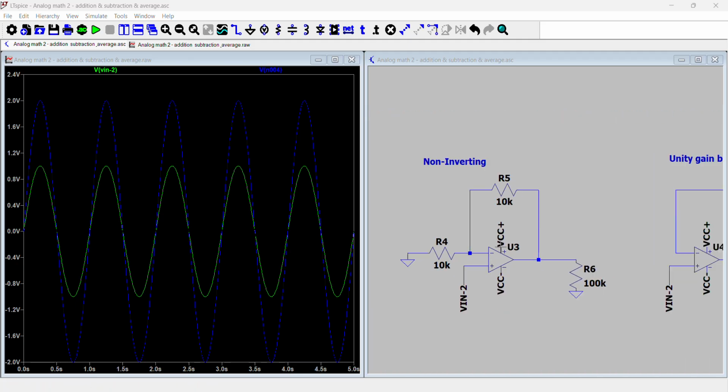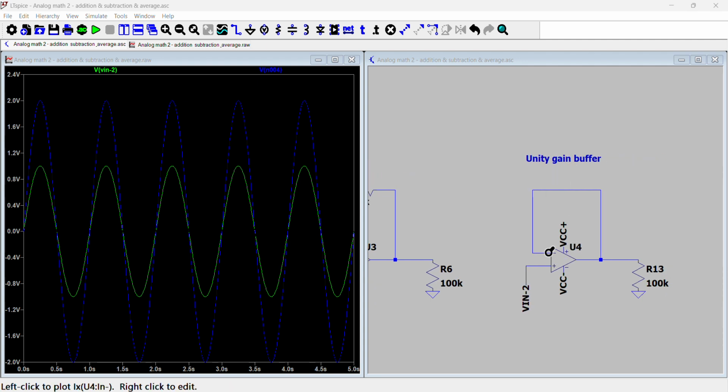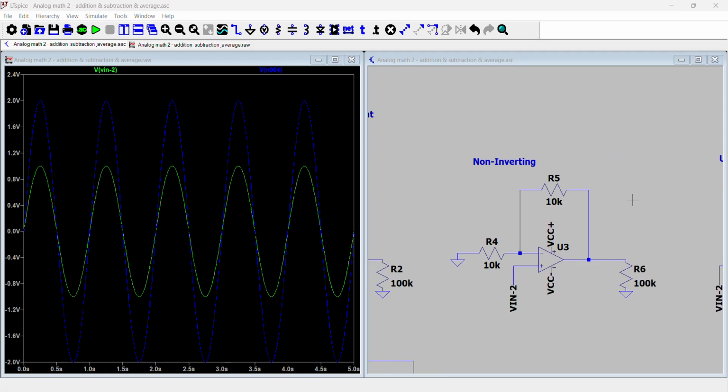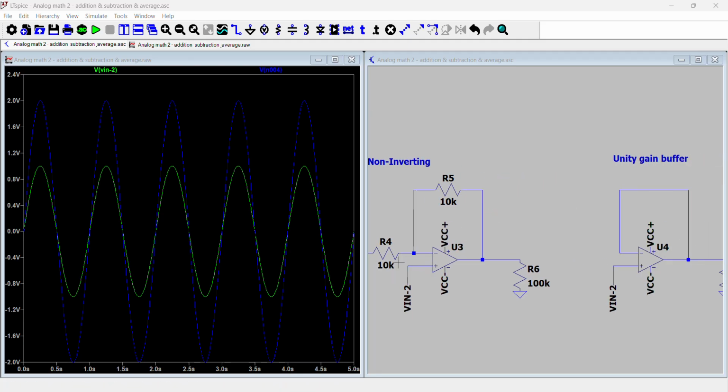And an example of this circuit is the unity gain buffer, which is just the non-inverting config, except we make the gain 1. And to make the gain 1, we make this resistor infinitely large and make this resistor infinitely small. So this becomes a short circuit. Therefore, this becomes an open circuit. There's no connection here.